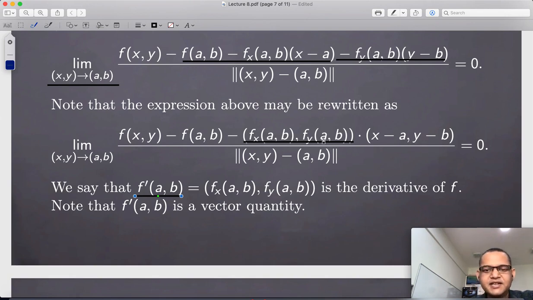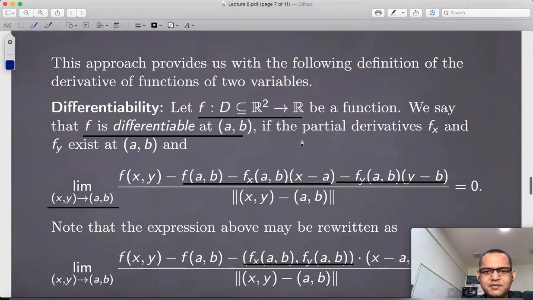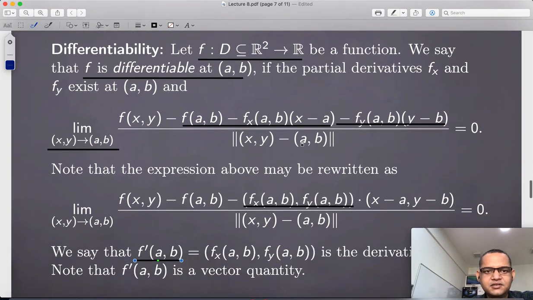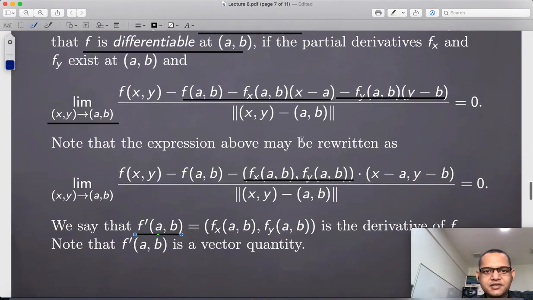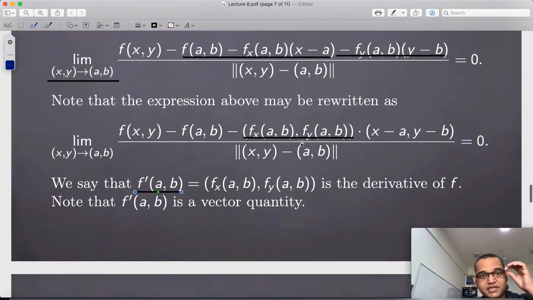But that will tell you that the vector alpha has to be the vector of partial derivatives. This is slightly easier to grasp, because we have just seen how the tangent plane looks, and so on. So this is the reason I have written it like this. You don't have to worry about it.